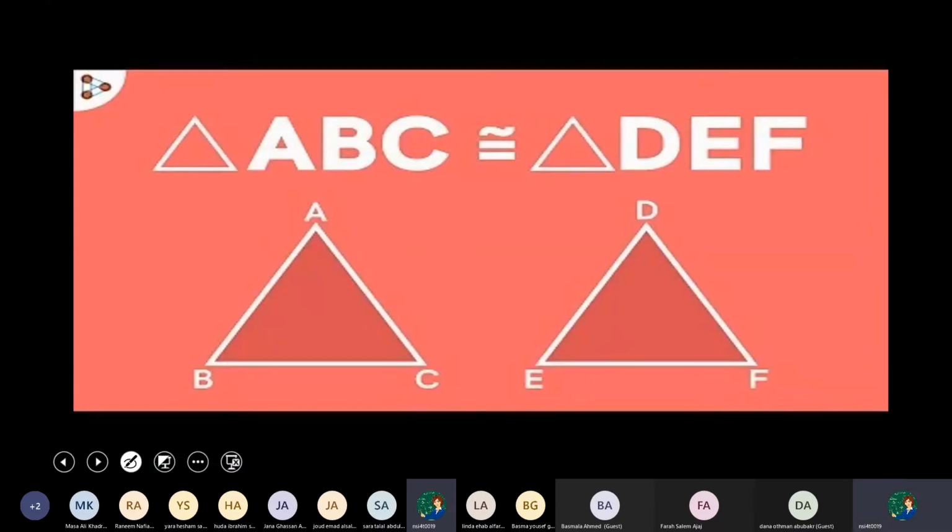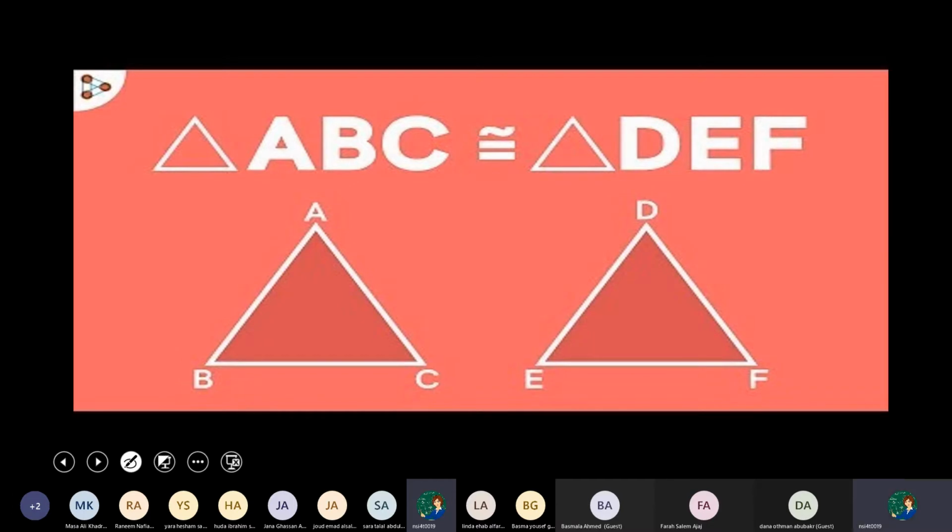Now look at these two triangles. Each of these triangles has how many sides? 3 sides. And how many angles? 3 angles also. So the triangle ABC, when can I say that this triangle is congruent to triangle DEF?